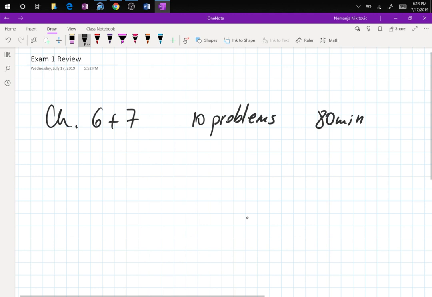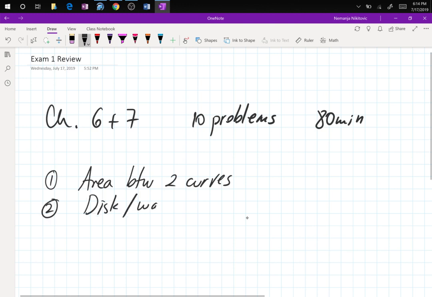Now, what's on the menu? Number 1, disk slash area between two curves. Area between two curves. Then we have disk slash washer. Then we have shell.